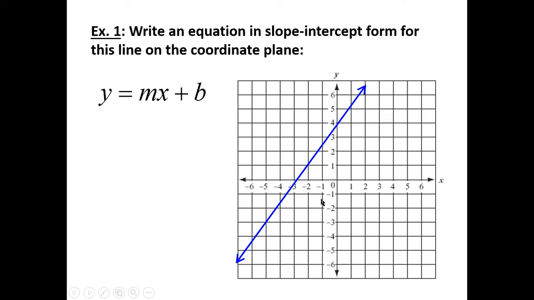And we can see a few important things about it. First, see here where it touches the y-axis right at 4. Well, that's going to end up being our y-intercept. So we're going to have y equals some number on top of some number. Remember, slope is rise over run, and that's in front of x. And then our y-intercept is going to be positive 4.